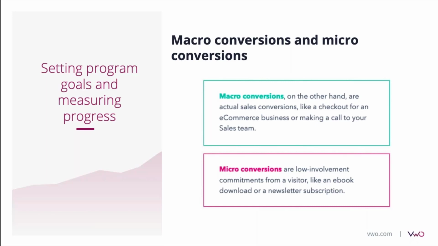It may seem that micro conversions are all that matter for a business, but micro conversions are the baby steps that visitors take to get to know your brand, eventually leading them to become your customer. So good conversion optimization requires tracking both, because at the end of the day, it's a long journey, and you always have to make sure that you're taking the right steps in the right direction.